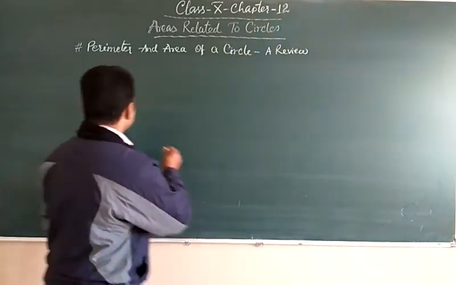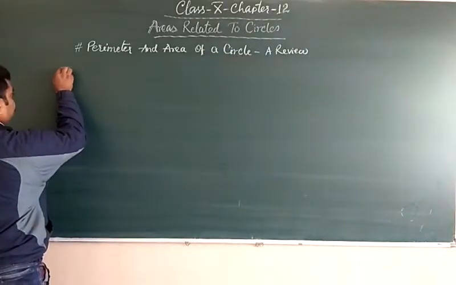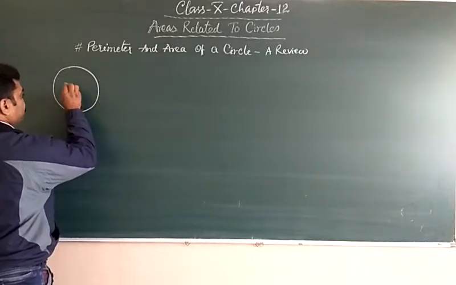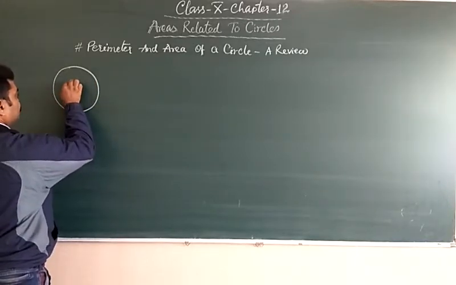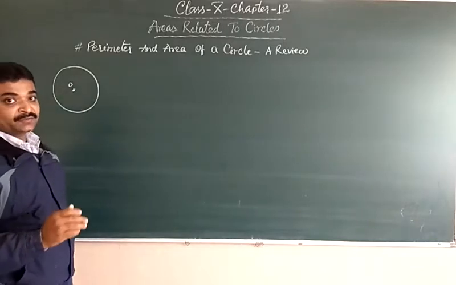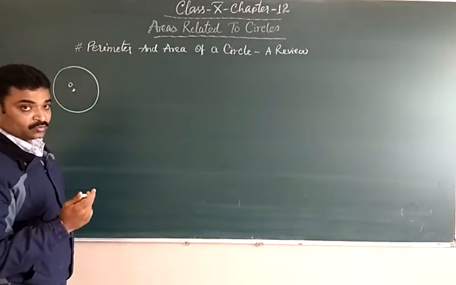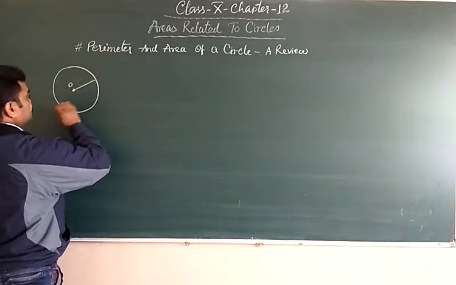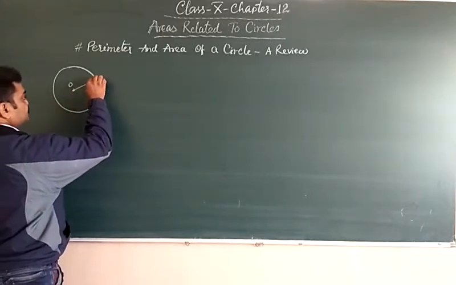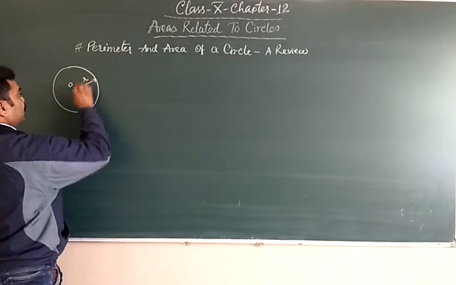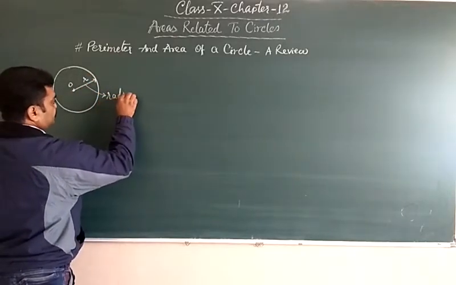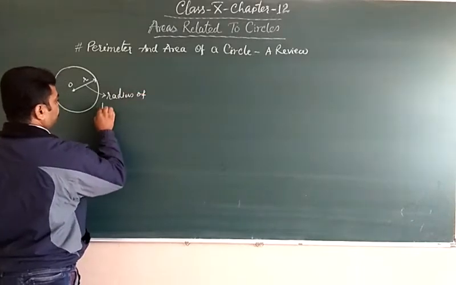Okay, see, it's a circle. Here the fixed point is called the center, which is generally denoted by O. This distance is called R, the radius of the circle.